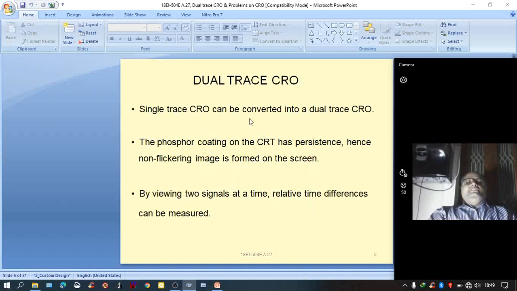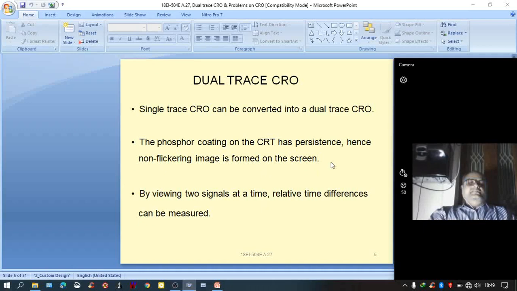A single trace CRO can be converted into a dual trace CRO. The phosphor coating on the CRT has persistence. Hence, a non-flickering image is formed on the screen.